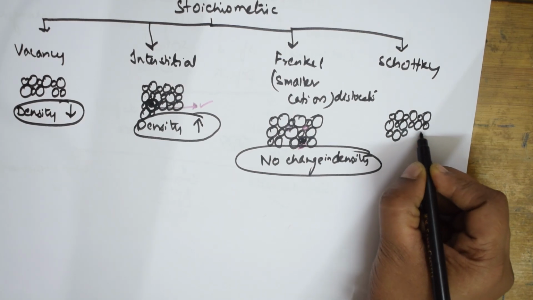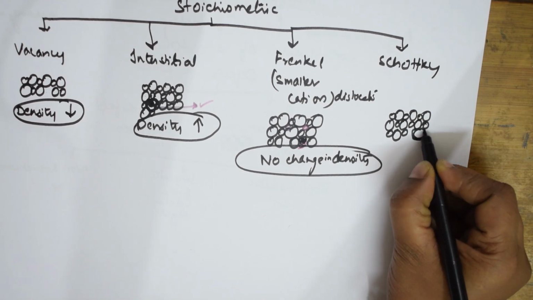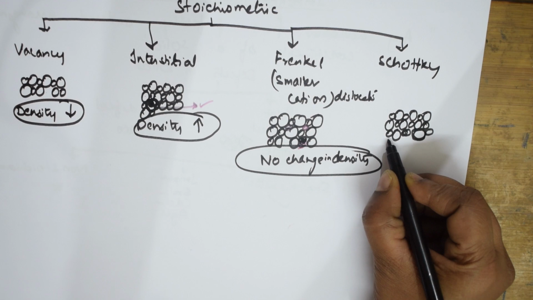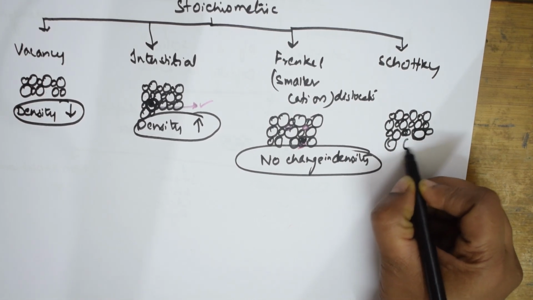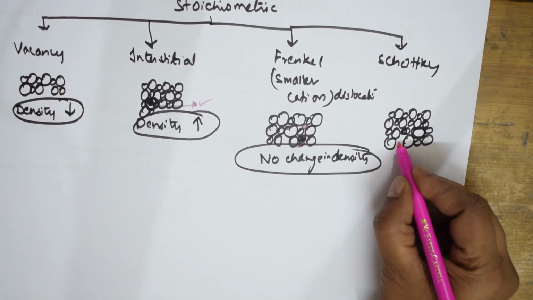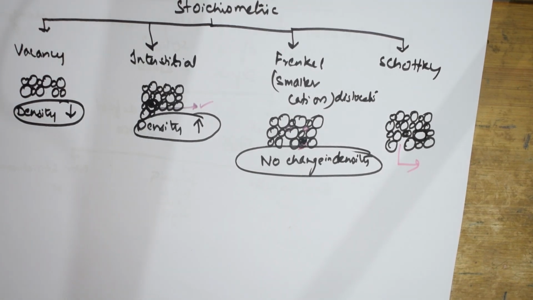Here the cation is missing, and again anion, cation, anion. See what happened here: there is a vacancy in the lattice site. Because of this vacancy in the lattice sites, as in Schottky, the density changes.